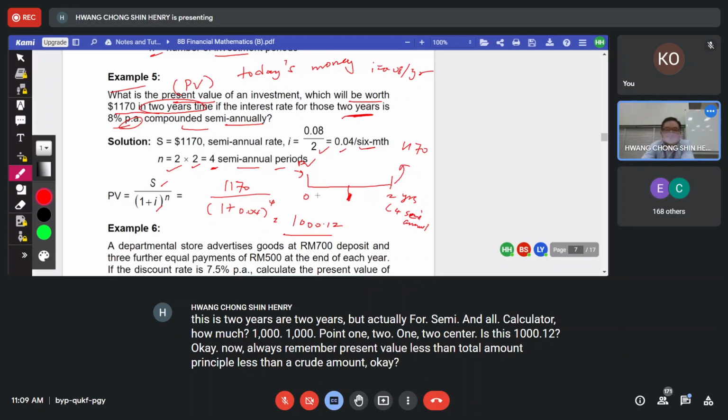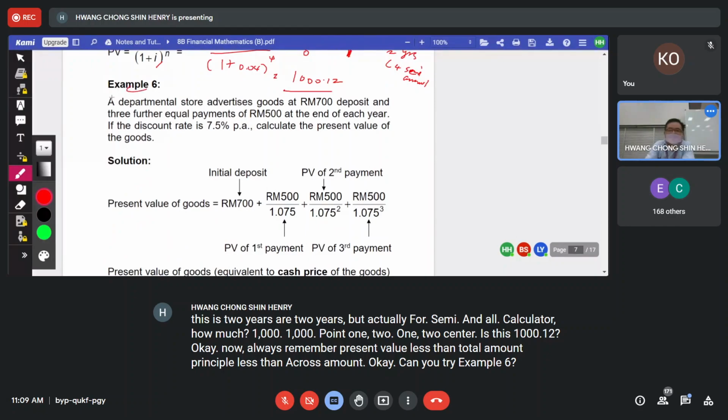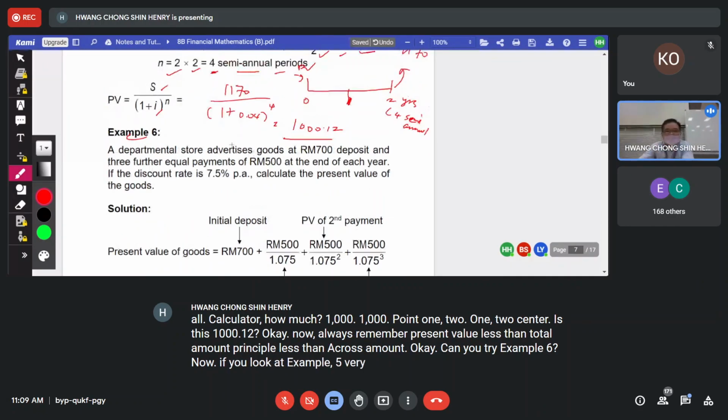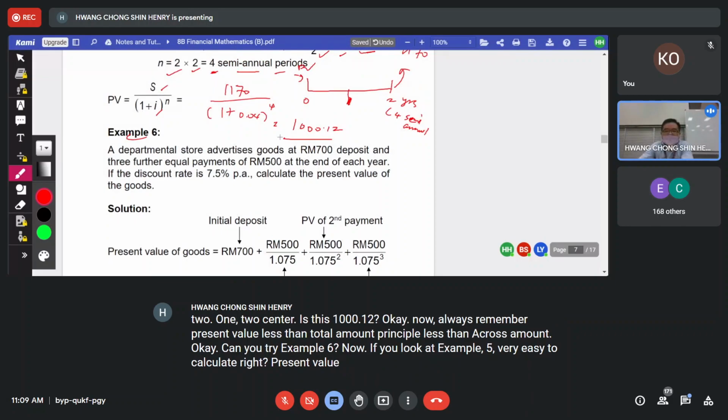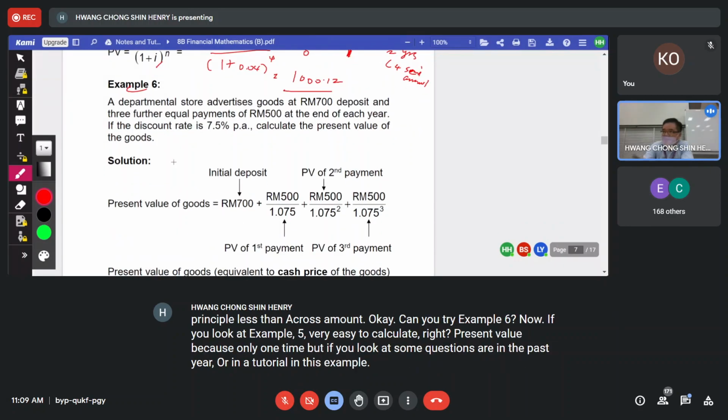Okay, can you try example 6? Now, if you look at example 5, it is very easy to calculate the present value, because it is only one time. But if you look at some questions in the past year or in a tutorial, it's not easy.